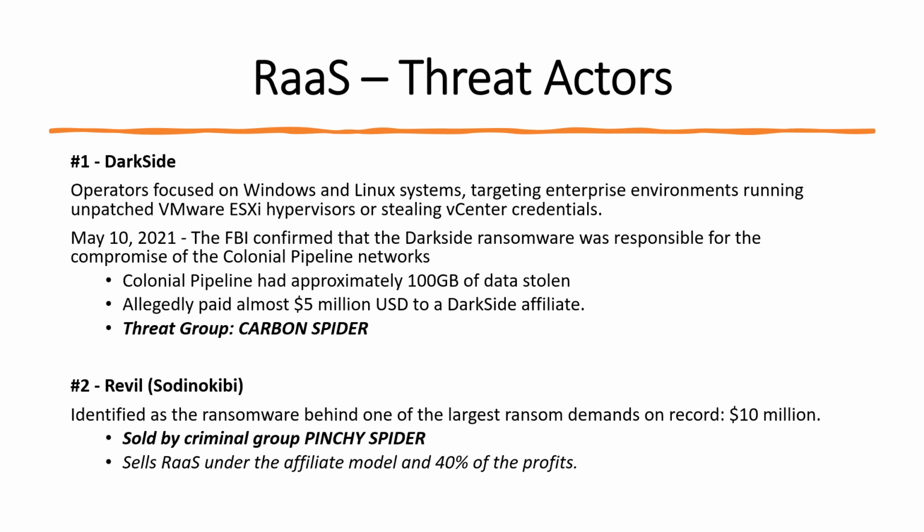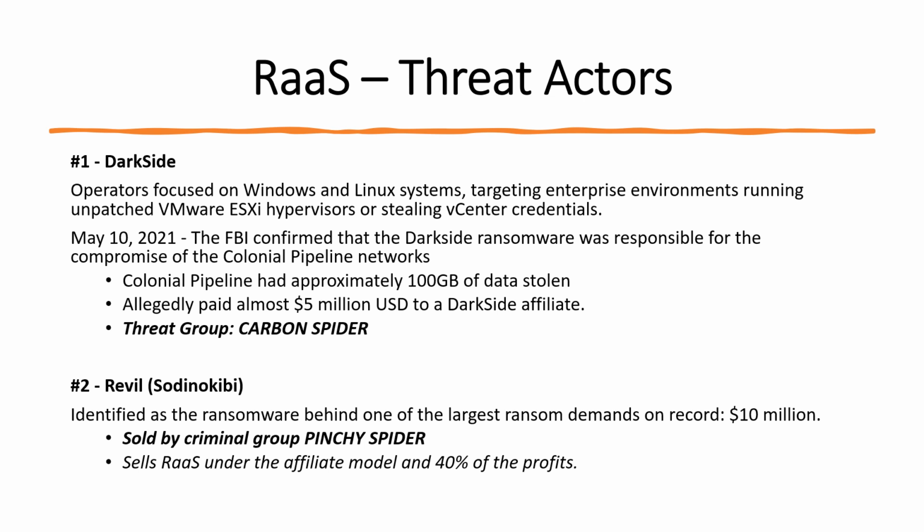On May 10, 2021, the FBI confirmed that the DarkSide ransomware was responsible for the compromise of the Colonial Pipeline networks. Colonial Pipeline had approximately 100 gigabytes of data stolen, allegedly paying almost $5 million to a DarkSide affiliate. The threat group attributed with this attack was Carbon Spider.